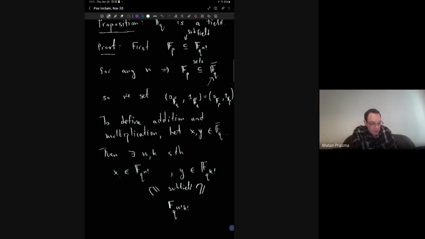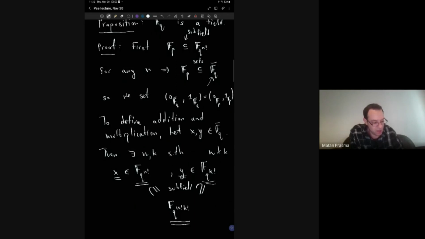So it means that x and y are elements in this bigger field, and in this bigger field, I can multiply and add x and y. I don't know how to add x and y if I think of them as elements in these separate fields, because it could be that n does not divide k, and also k does not divide n.